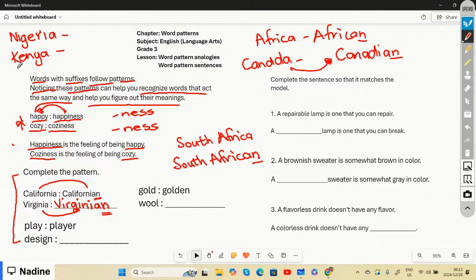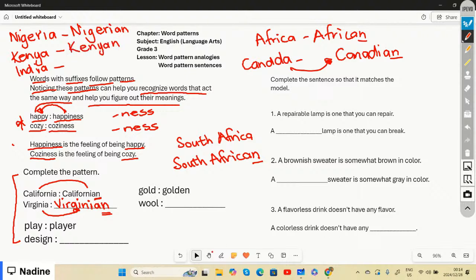And if you're from India, for example, then that makes you what? I just want us to get the pattern and then we will continue. Yes, well done. If you're from Nigeria, it makes you Nigerian. Well done. If you're from Kenya, then you're what? Well done. If you're from Kenya, you are Kenyan.